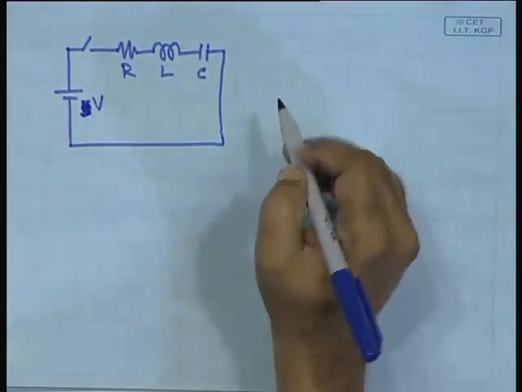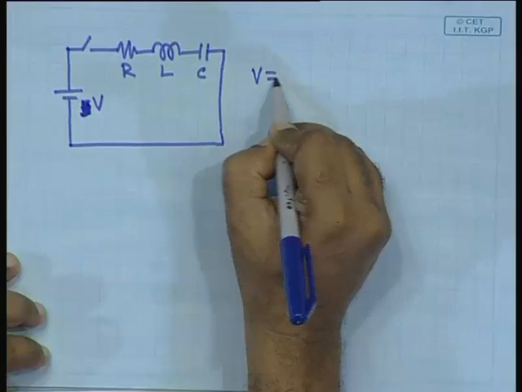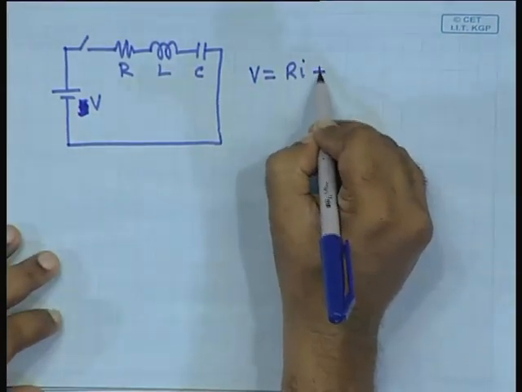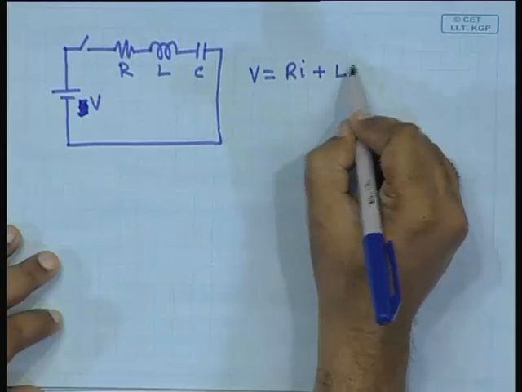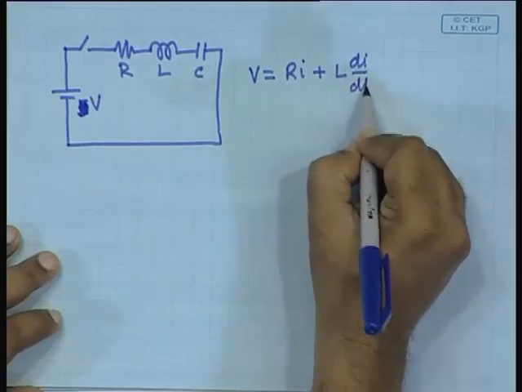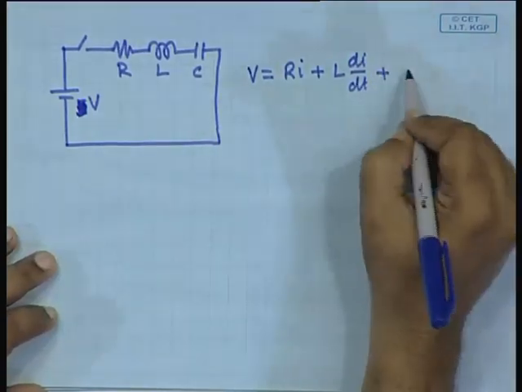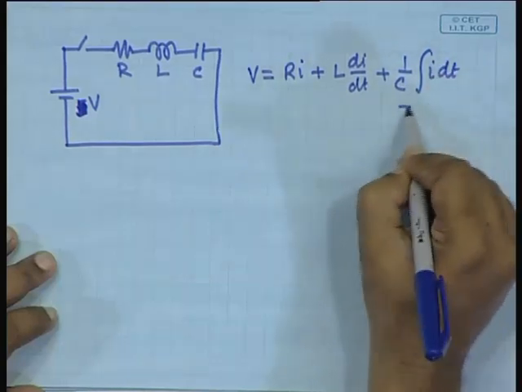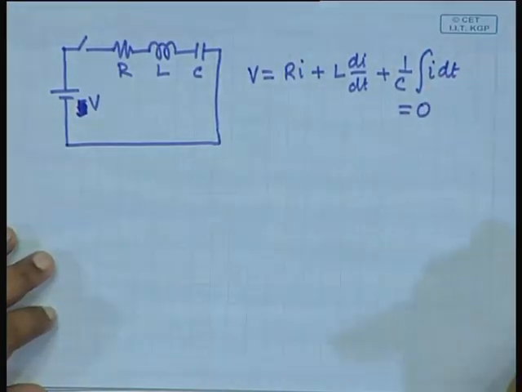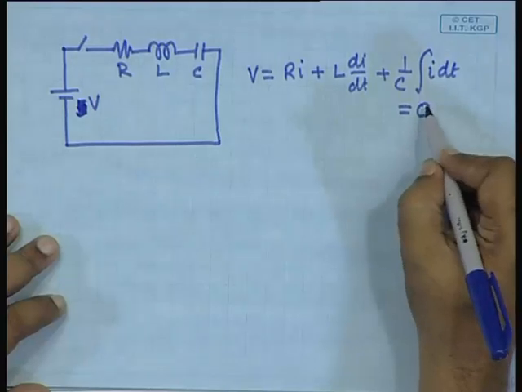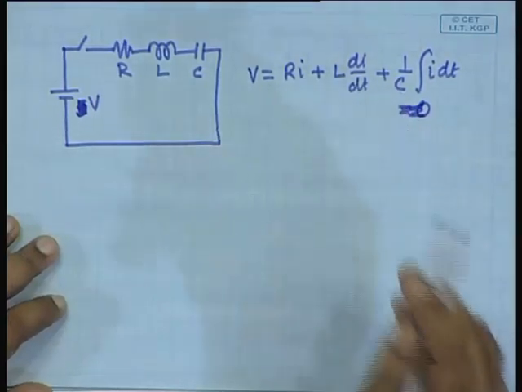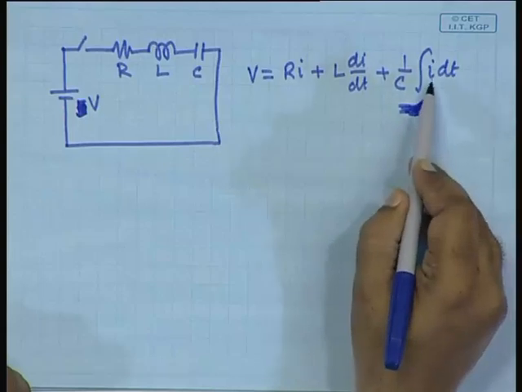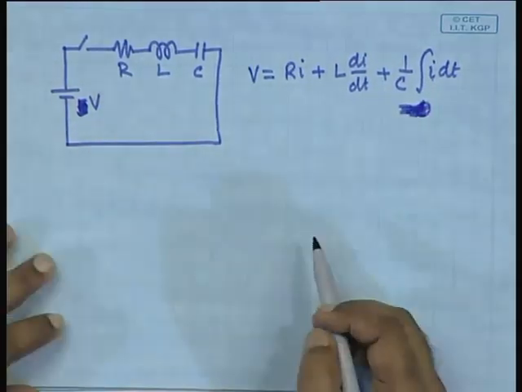So, again write down the equation. V is equal to R I plus L d I dt plus 1 by C integral I dt. This integral is problematic, so let us differentiate it through.